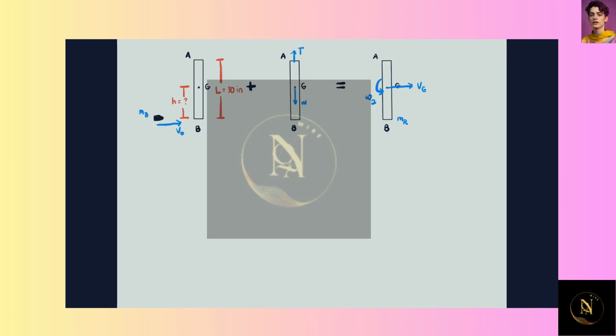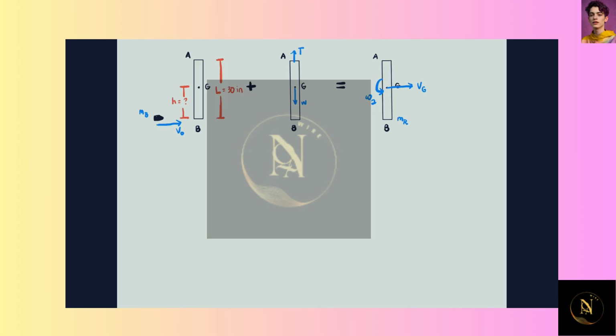Upon impact, the rod rotates with an angular velocity omega, and the center G moves with a velocity Vg. That's in the last part of the diagram.